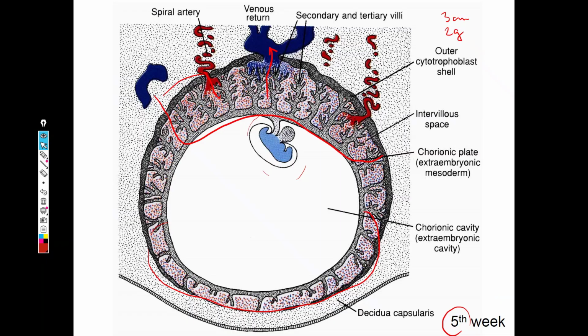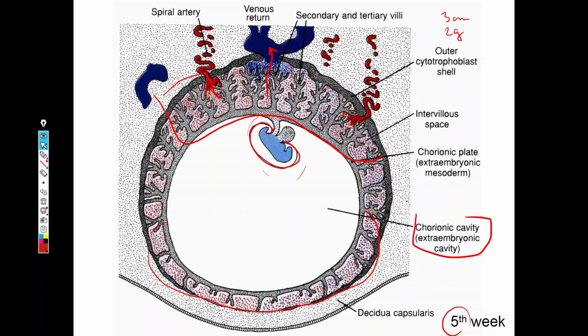Originally, I'm going back to this picture. As you can see, there is an amnion or amniotic cavity, the whole cavity around the whole embryo here, and it's very small. Small cavity surrounding the entire embryo here. The chorionic cavity, right here, is very big. It's very large here in the 5th week.